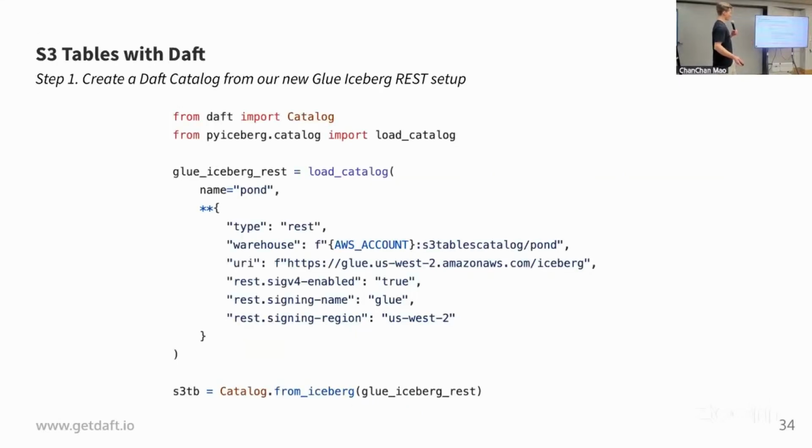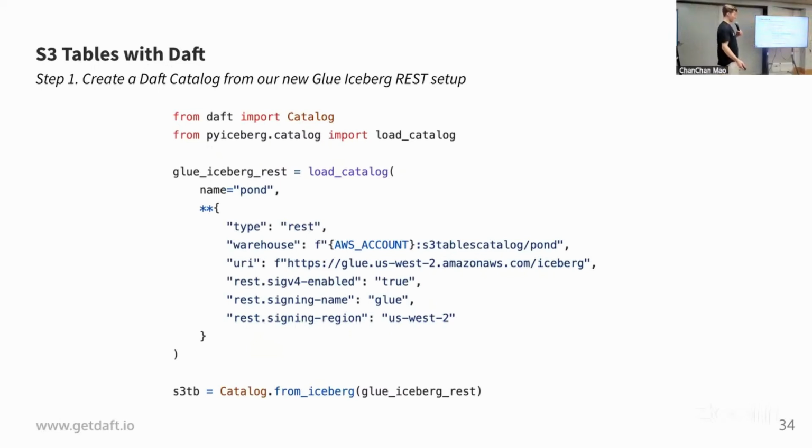So let's revisit this example, but instead of going just to this table bucket, let's go through Iceberg REST. We'll import the catalog from Daft again, but we're also going to import PyIceberg's load_catalog function. It's kind of hard to see, but we're loading up an Iceberg REST catalog, and we give it the Glue URL to say, go connect to this Iceberg catalog service.